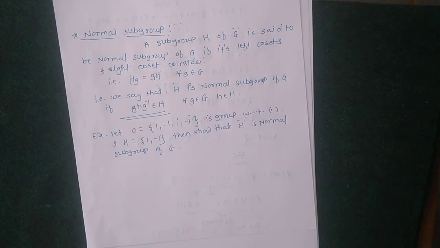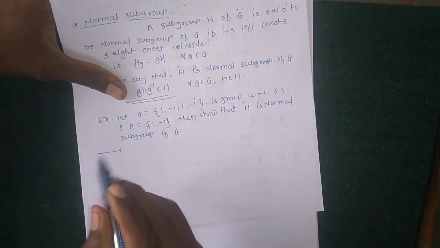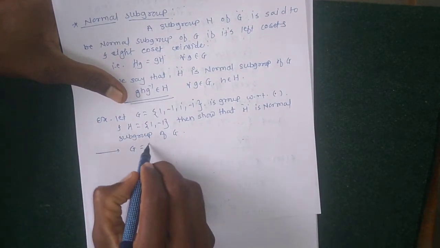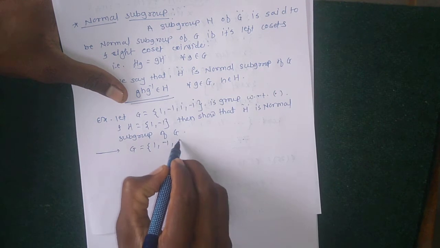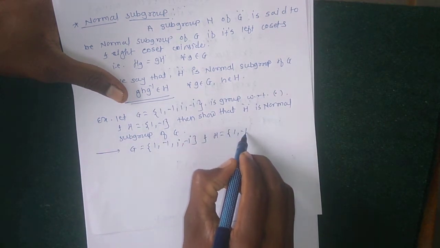So how to prove this using this definition? Let G equal to {1, minus 1, i, minus i} and H equal to {1, minus 1}.